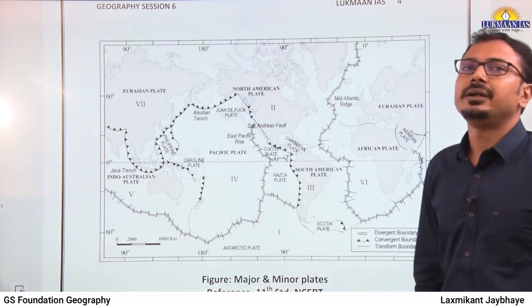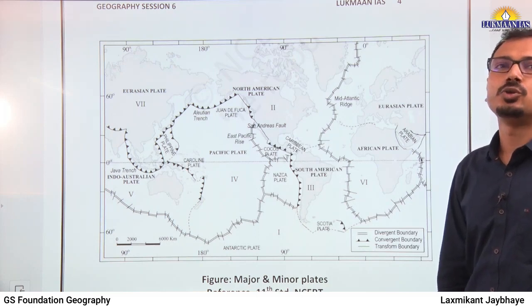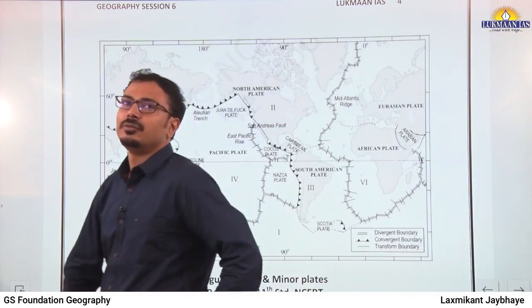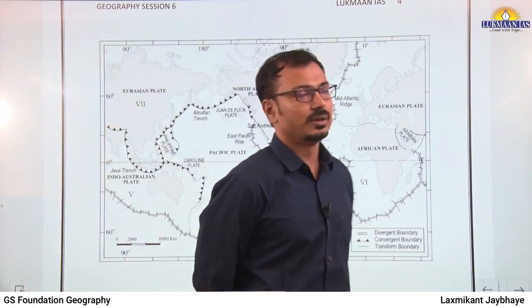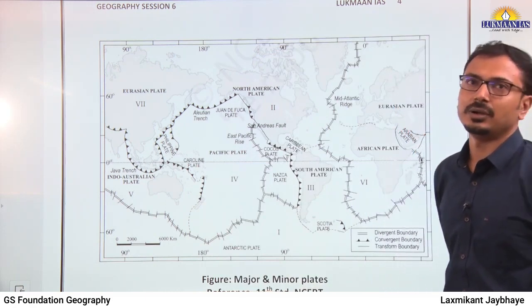Okay, now the interaction of these small plates with the major plates also helps in understanding the formation of landforms, distribution of volcanoes or volcanic activities, as well as the earthquakes around the world.